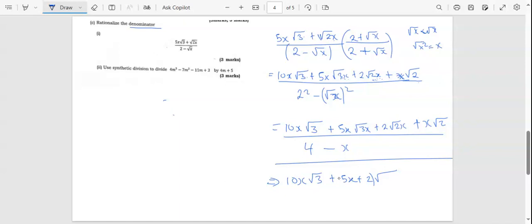So that will be 5x. I just want to write it like this, then x root 2 like that if I want. And also this one, they can't add, so you just leave it like that. So there's no harm, so you can leave it. You can simplify even this one and this one, you can do something, but for now we can end it.